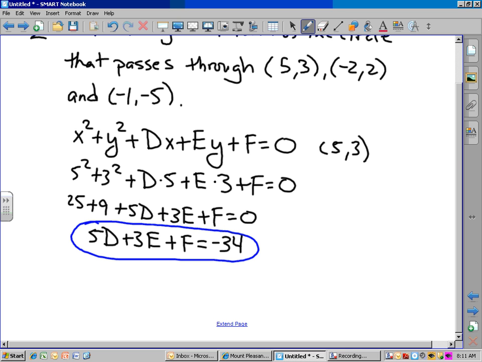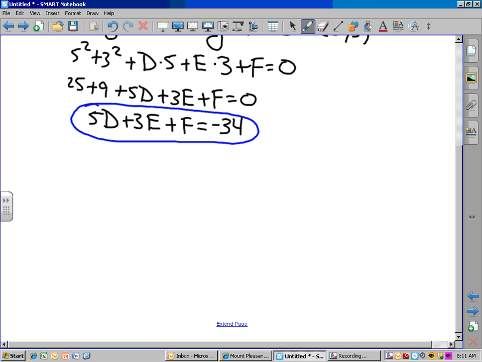You follow how I did that? I'm going to do that again for the other 2 points. Exact same thing. This is a bit tedious, but this is how you would do that if you have 3 random points on a circle. It's not difficult, it just takes some time.